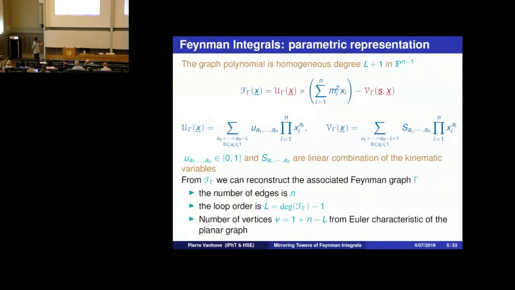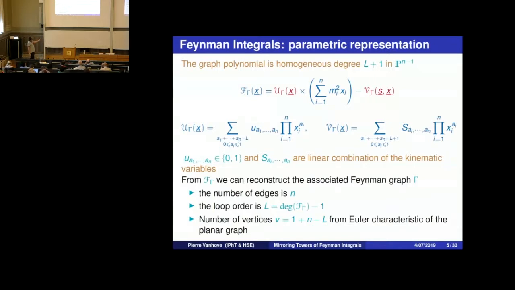What I want to point out is that all the physical parameters, the internal masses and the kinematical parameters of the external particles, all come linearly. If you think in a toric setting, as I will do in a minute, it's some restriction of a toric polynomial, but everything is linear in all the physical parameters.